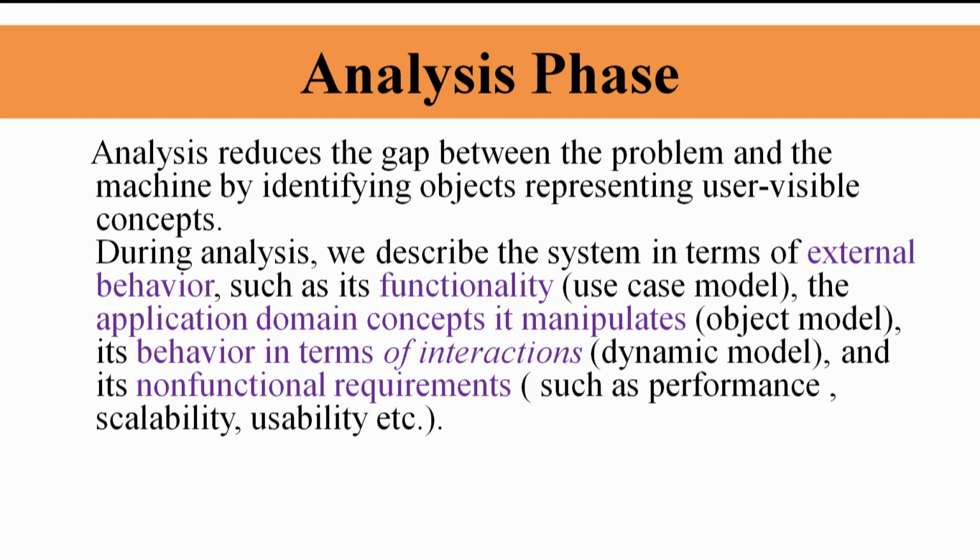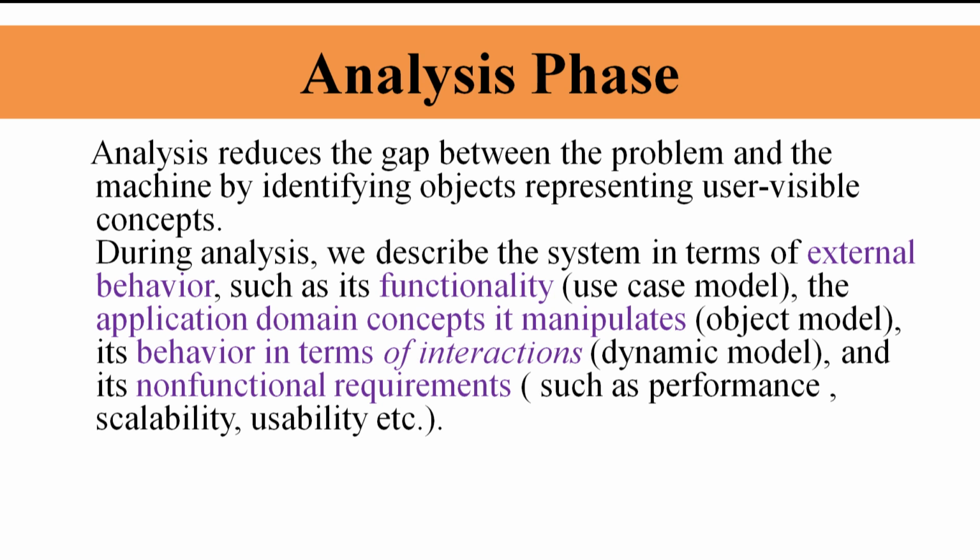Now, if we very closely look into design aspects, the very first thing that comes is analysis. In that analysis, we reduce the gap between the problem and the machine. Machine means our software, by identifying objects representing the basic concepts which are to be performed by that particular system, meaning the purpose.